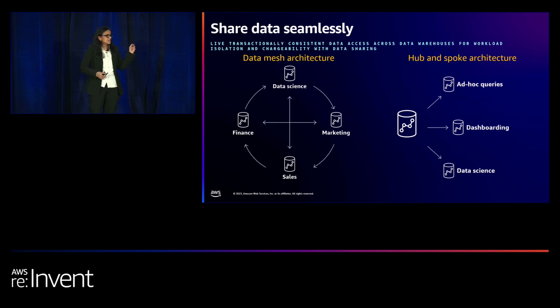This live and transactionally consistent data sharing is very handy because you landed the data in Redshift, it's near real-time data, and now you are able to share this data seamlessly across your organization without having to worry about copies and movement of the data. So combining zero-ETL with data sharing can be a very powerful mechanism to share the data in an easy fashion across the organization.